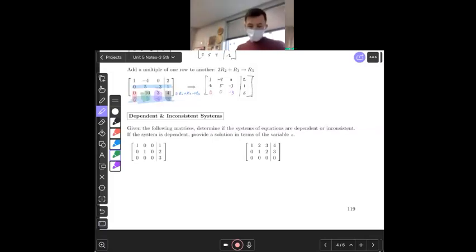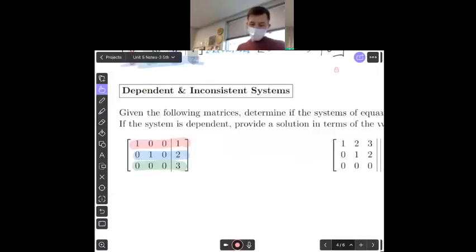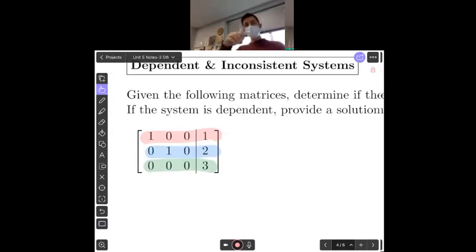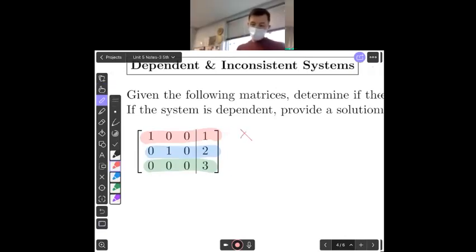And what it comes down to is seeing that this row right here, well, let me tell you this whole thing. With this first row, right, 1x, no y's, no z's, equals 1, that actually says x equals 1.